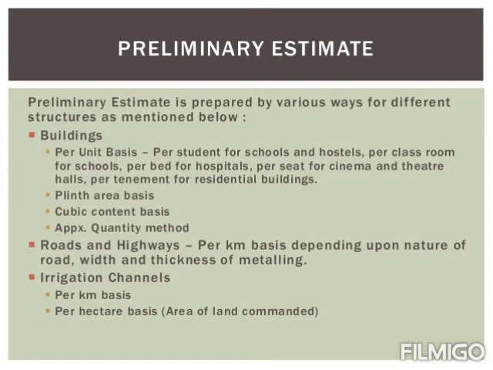Preliminary estimate. It is prepared by various ways for different structures as mentioned below. For buildings, it is classified on per unit basis, that is, per student for schools and hostels, per classroom for schools, per bed for hospitals, per seat for cinema and theatre halls, per tenement for residential buildings.